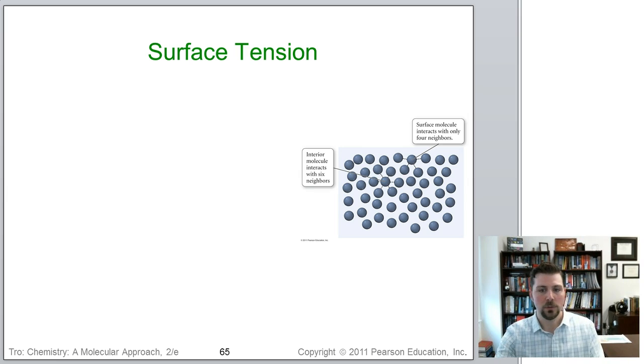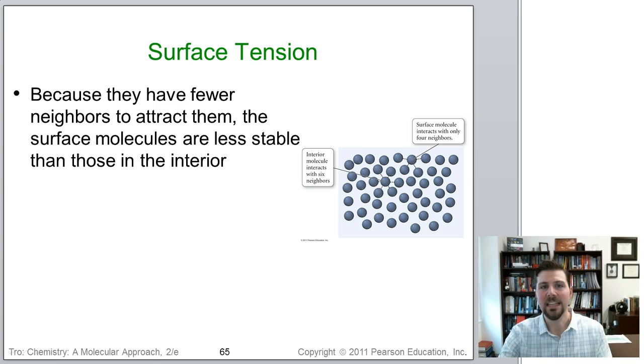Here are some molecules on the surface and a picture of what that looks like. Notice they're interacting with their neighbors, but there are no molecules on top to interact with. But further down into the substance, like this one here on the interior, there are lots of places it can interact, and so this creates surface tension in the substance itself.